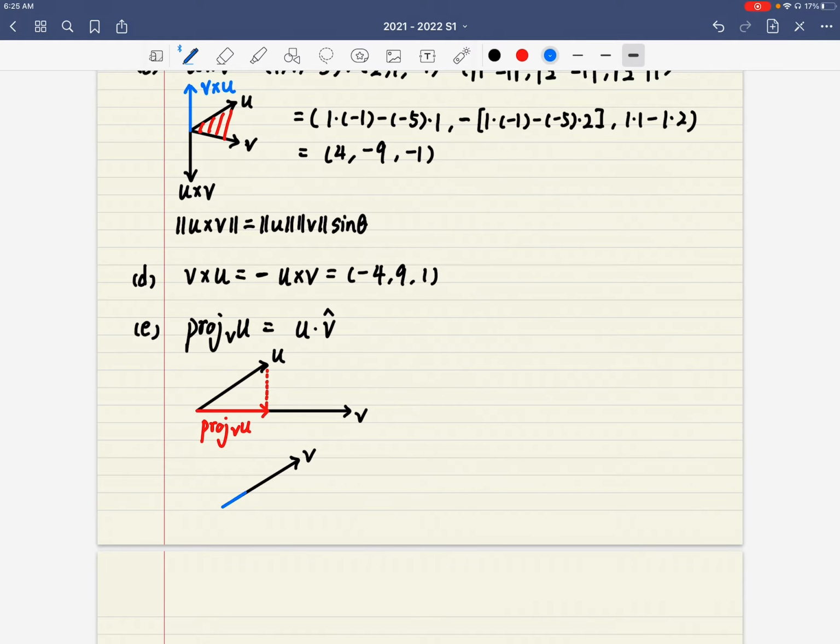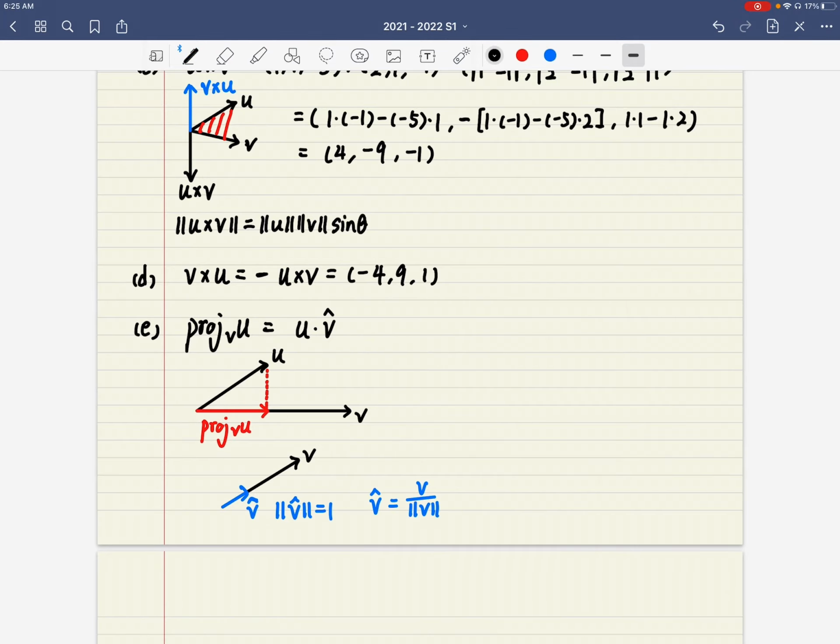So the length of the unit vector is 1. Then how do you get the unit vector? You just need to divide V by its length. That's how you get a unit vector.